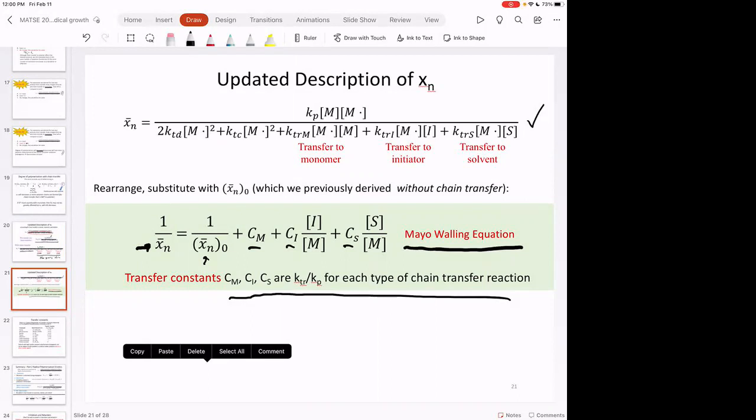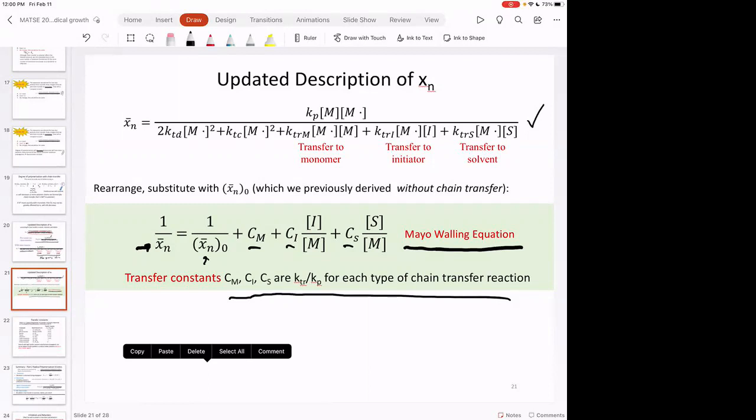If I give you information about the molecular weight and the M0 and you're trying to calculate x bar n, if I say without chain transfer, the molecular weight would have been this, then you know that that's x bar n0. If I say the molecular weight of the chains is 5,000 grams per mole for polystyrene, and there was chain transfer involved, then you're probably solving for x bar n, right?